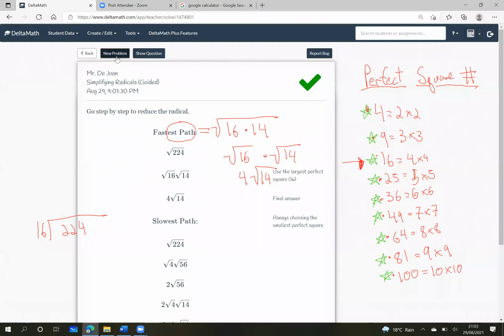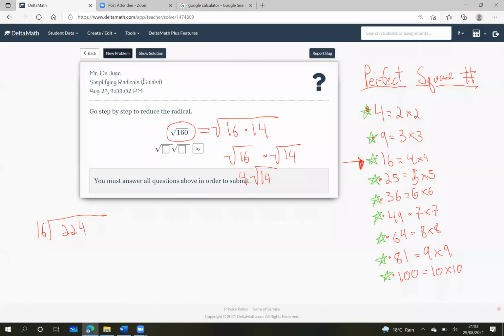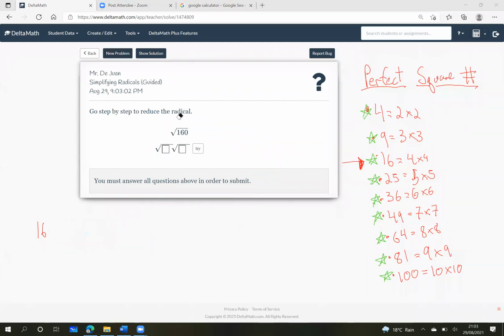Okay, one more, just to make sure everyone understands this very clearly. You are looking for possible multiples. We're taking the radical by finding possible numbers that are perfect square numbers. So we have 160 here. Now, 160 is a really nice number. It gives us a nice little 16 right there.